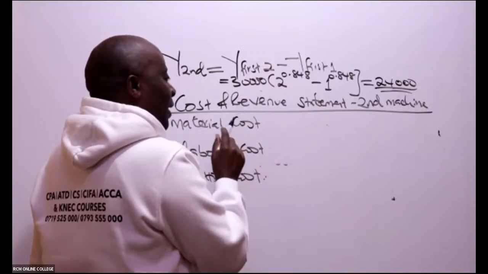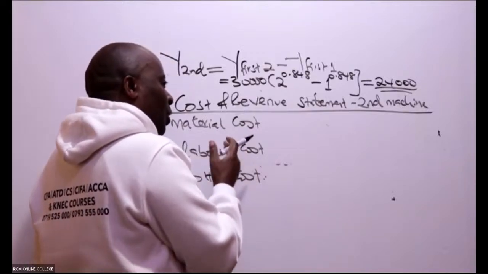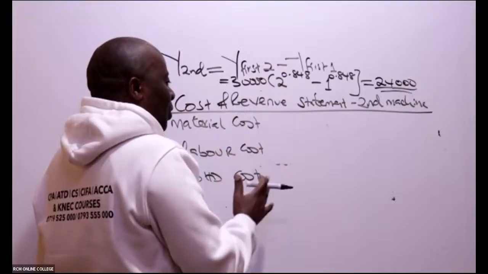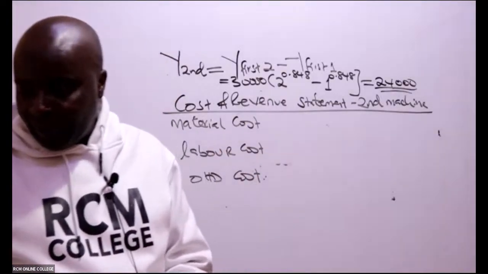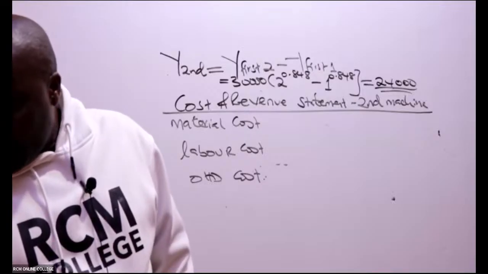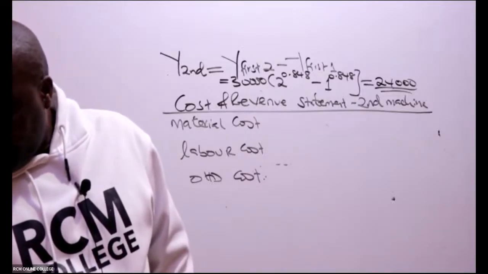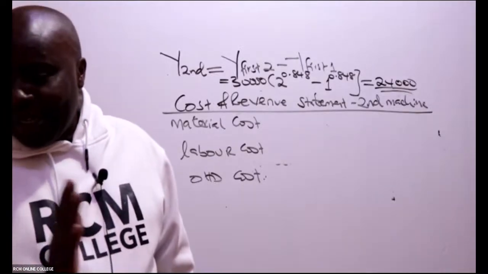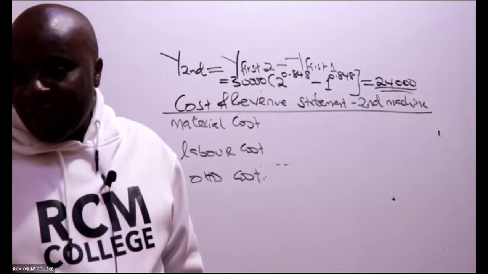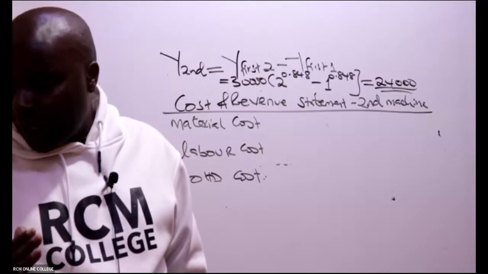Material cost, there is nothing like learning. Material cost from one machine to the other is ever constant. So for material cost, there is no learning. It can either be hours or cost, but preferably use cost.